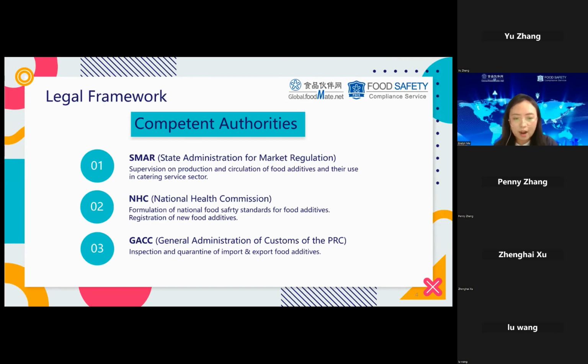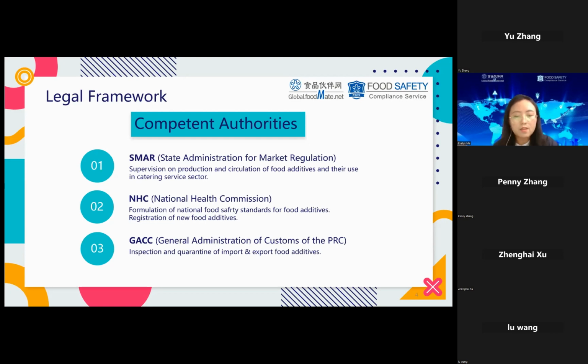Under the current food supervisory system, the SAMR takes comprehensive control over the production, circulation, and the catering service of the food additives. And the NHC formulates the national food safety standards for food additives and is responsible for registration of the new food additives. The GACC is responsible for the inspection and the quarantine of the imported and the exported food additives.